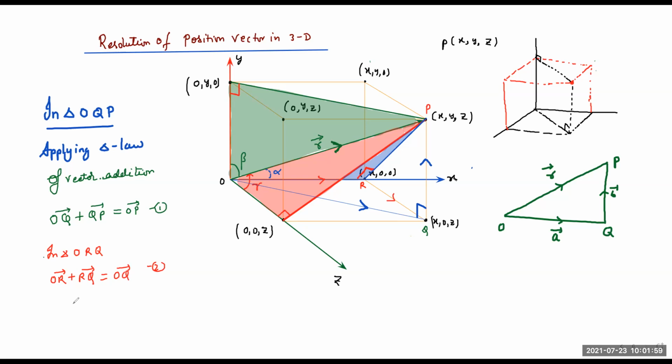Now finally, the OP vector. From 1 and 2, what can we write? I can substitute OQ there. So OP vector is equal to OQ, which is what we're looking for, and OQ we can replace by OR plus RQ.